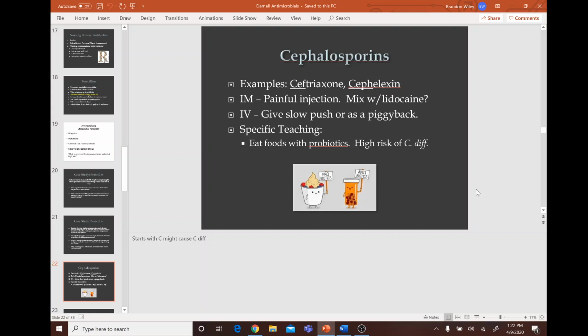Tell me about IV cephalosporins. Give as a slow push or as a piggyback. What else should you eat with these? Probiotics. So, cephalosporins are at high risk for causing what type of disease? C. diff.